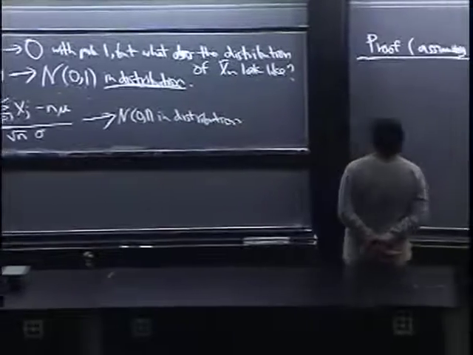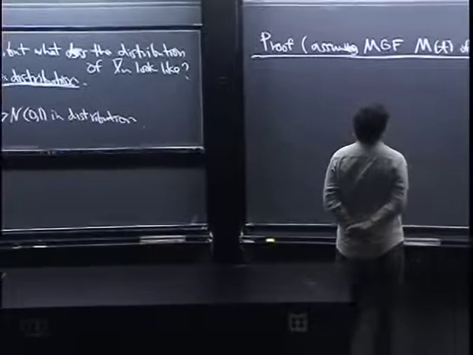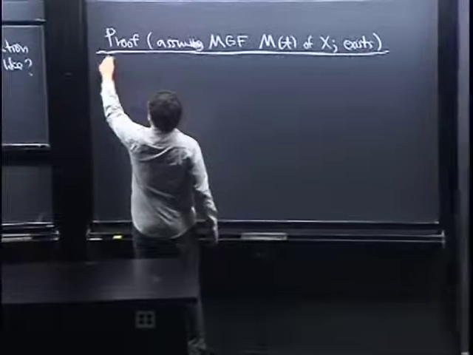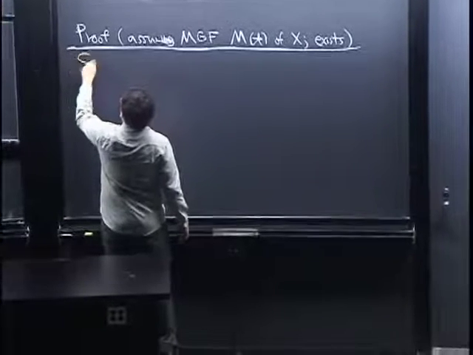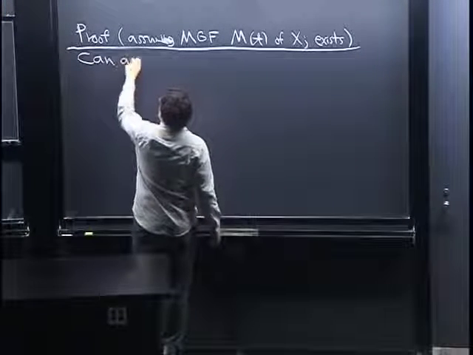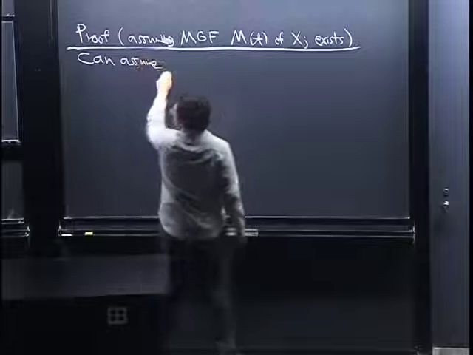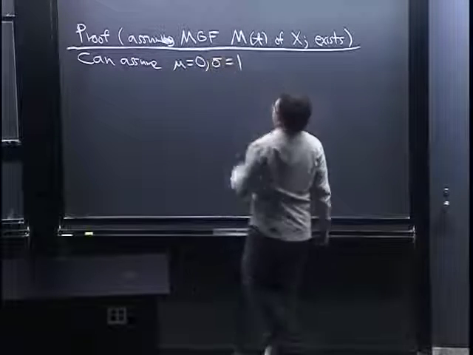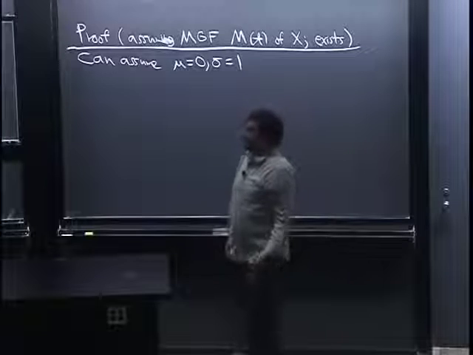So first of all, we can assume that mu equals 0 and sigma equals 1, just to simplify the notation.